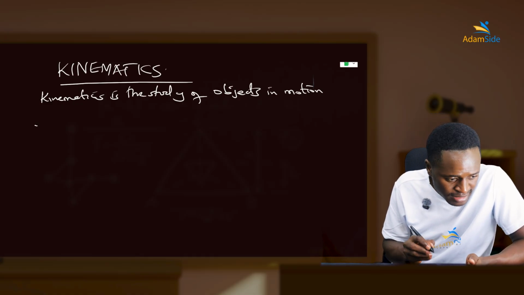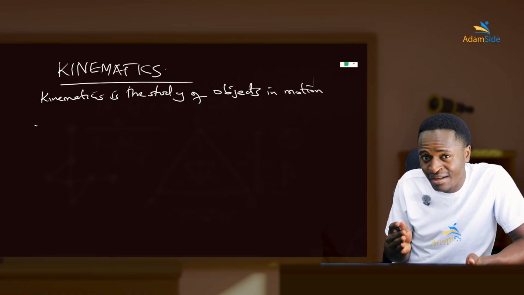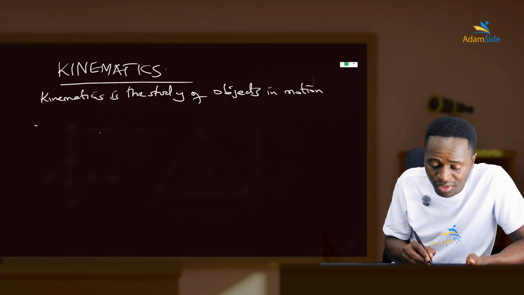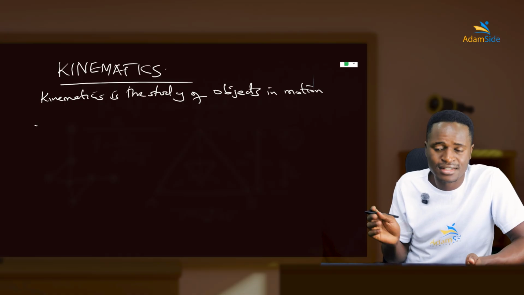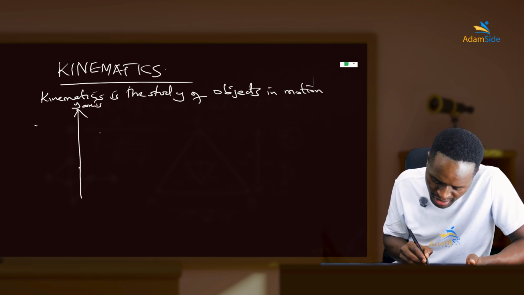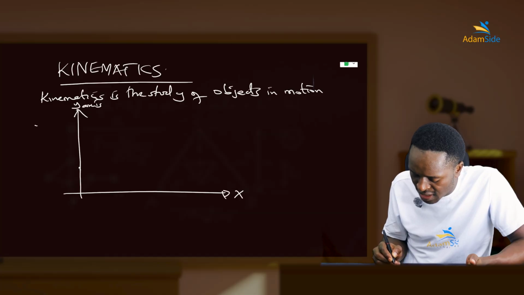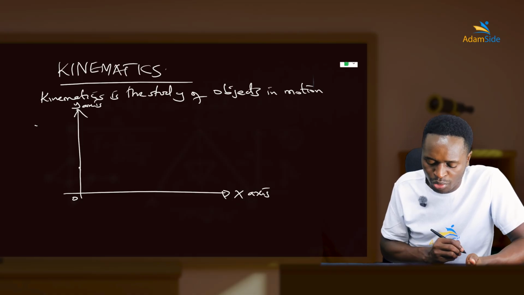And then we said, on our kinematic graphs, speed is always shown on the y-axis and time is always given on the x-axis. Whenever you have a graph like this one, the y-axis, the vertical line, and the horizontal line is always called the x-axis. And here, this is the origin point.